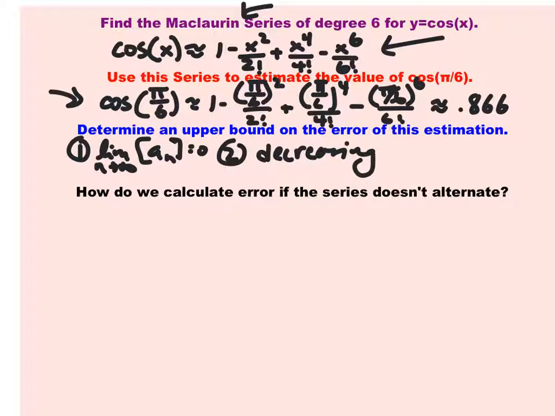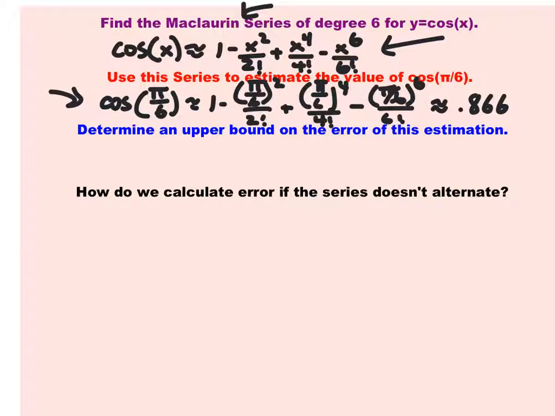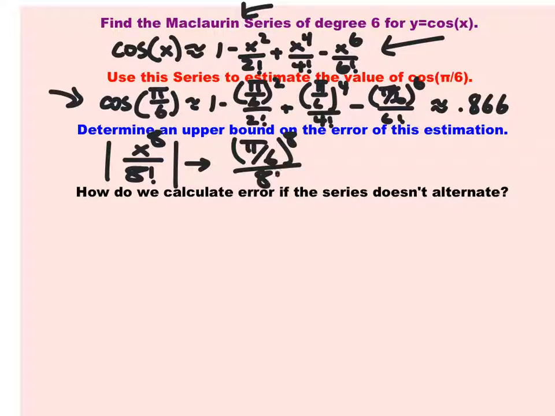So what we know about the alternating series then is to find its error, we just take the absolute value of the next term. So the absolute value of the next term would be the absolute value of x to the 8th over 8 factorial. So if I plug in pi over 6, take it to the 8th over 8 factorial, that'll be positive.